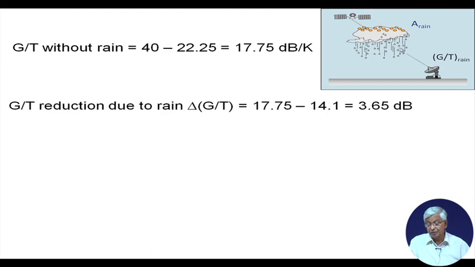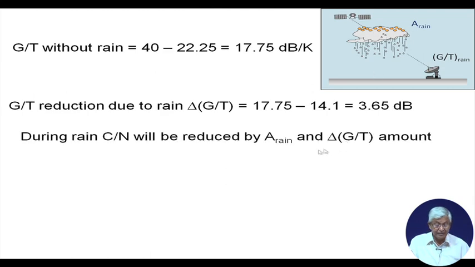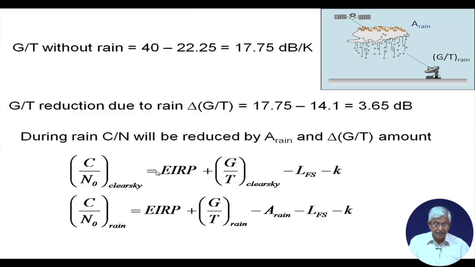So now G by T is reduced and the rain has already introduced some attenuation. So, two types of losses we are getting in the C by N. To maintain the C by N, let us see, during rain C by N will be reduced by the attenuation due to rain and the G by T reduction due to rain, that is delta G by T. C by N in clear sky is EIRP plus G by T at clear sky, minus path loss, etc. This is free space loss, same as path loss.